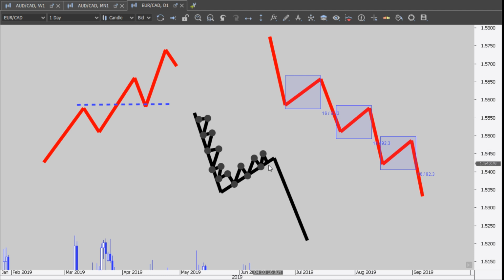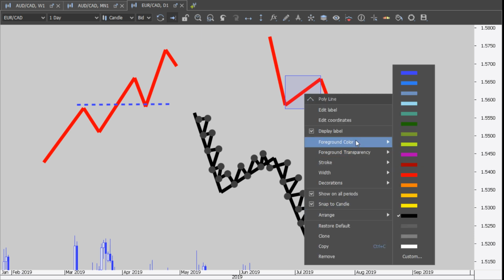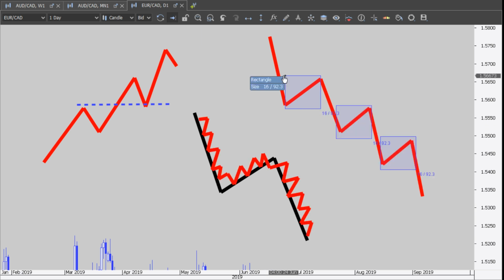You are going to have the short-term downtrend, you are going to have the short-term uptrend. When you are going to trade retracements, where is the best or where is the highest probability of success?